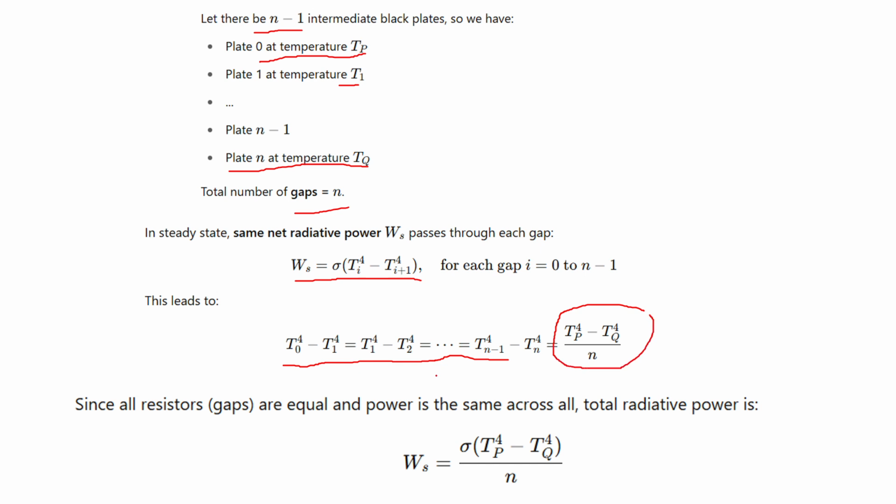So the net heat transfer between any two plates is any one of them, that is sigma into T0 to the power 4 minus T1 to the power 4, or sigma into T1 to the power 4 minus T2 to the power 4. So this finally reduces to sigma into Tp to the power 4 minus Tq to the power 4, divided by n.